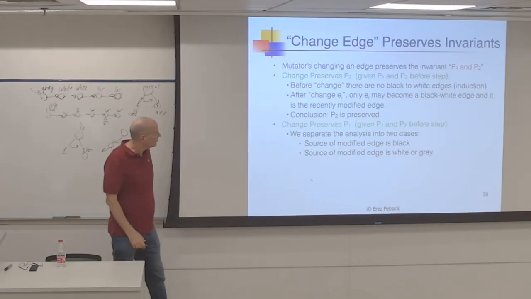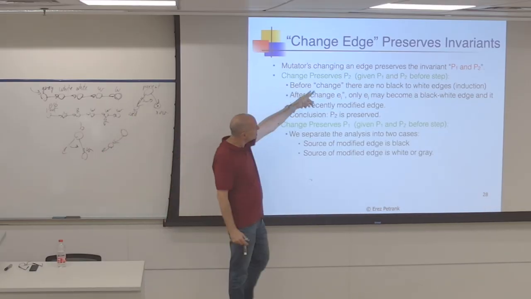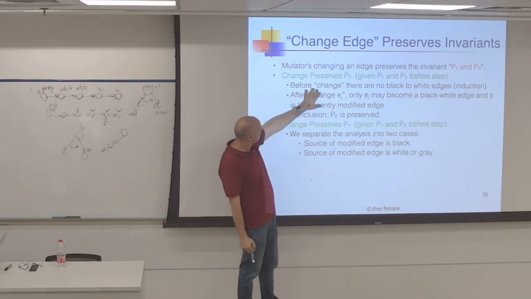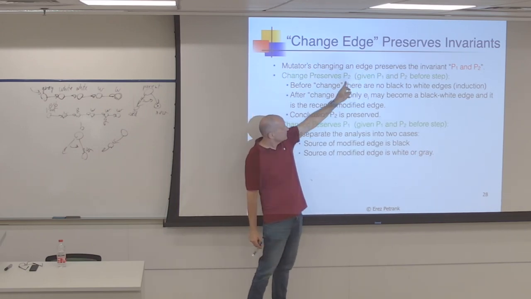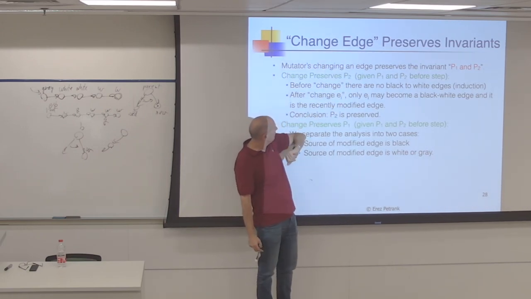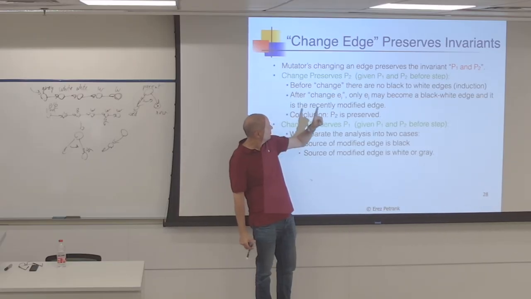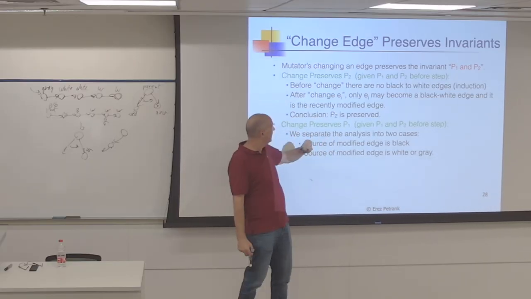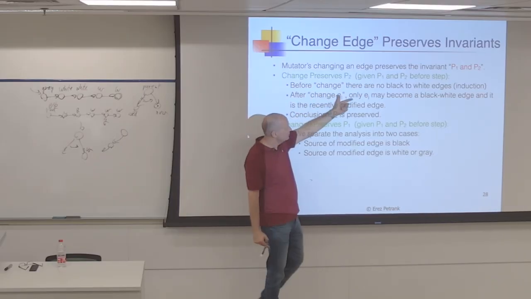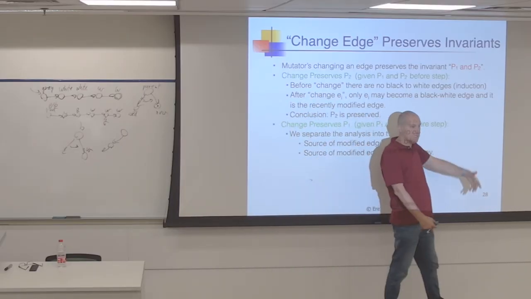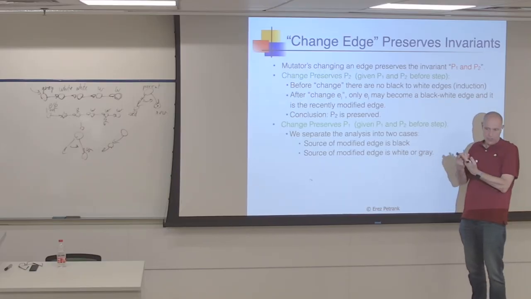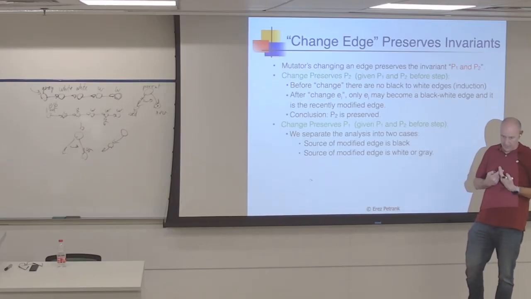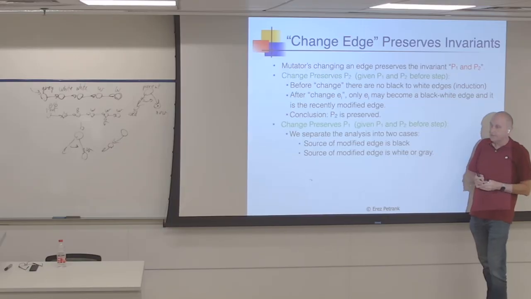Okay, so the mutator changes, so I have to show that it preserves P2 and P1. So P2 is the one that says there's only a single black to white edge. So before the change, there were no black to white edges because I finished the previous write and I finished the shading of the previous modification and therefore there were no black to white edges.